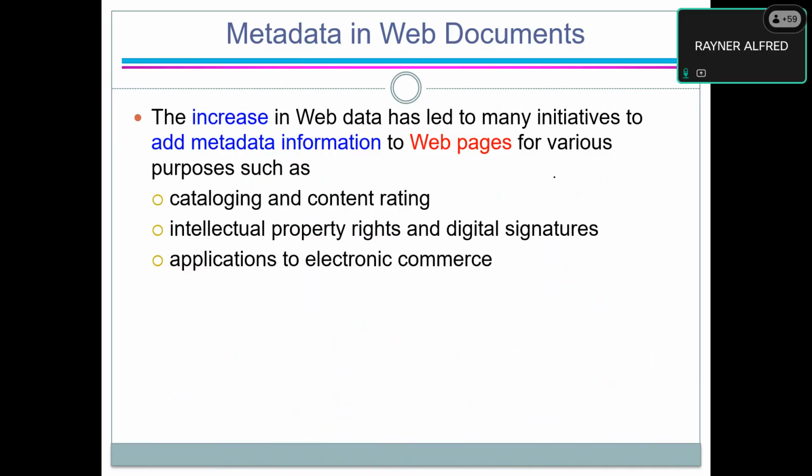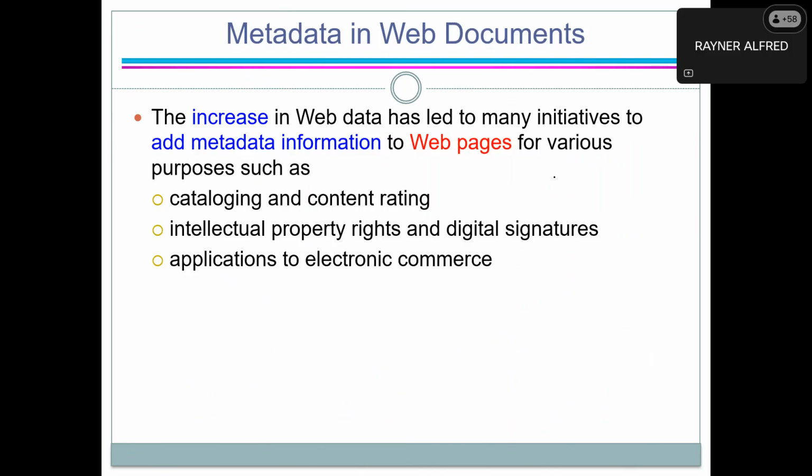Okay, that is for the book or journal or papers, but most of our information is coming from the web, right? So we also need to tag what kind of information we can take from the web. The increase in web data has led to many initiatives to add metadata information to web pages.